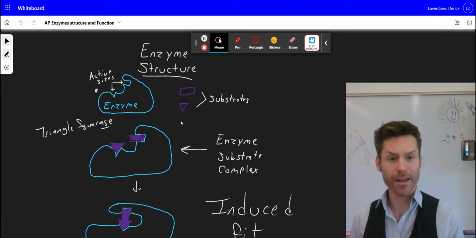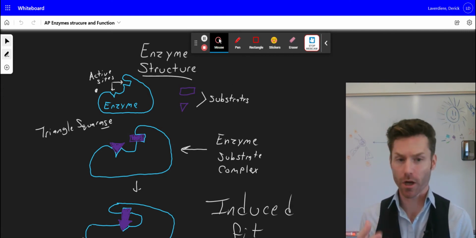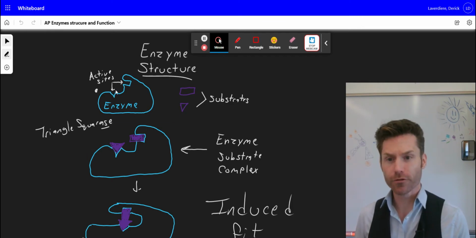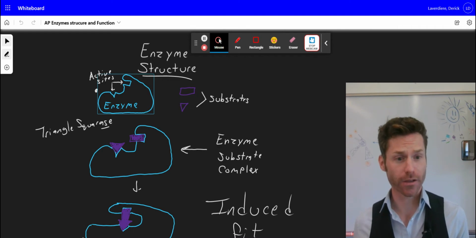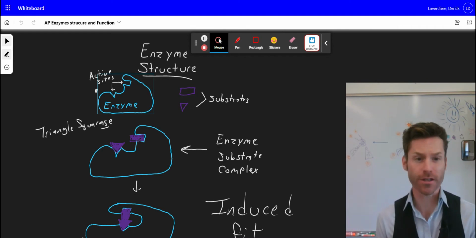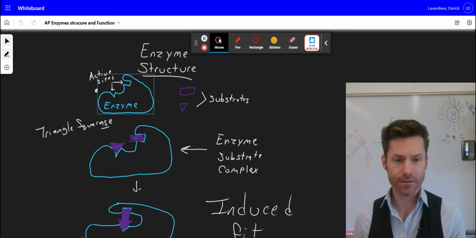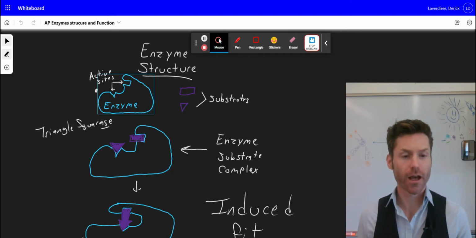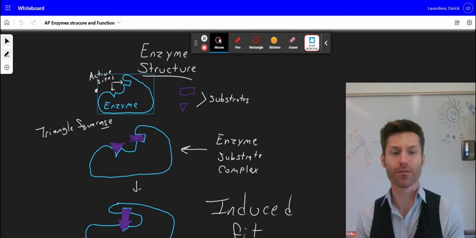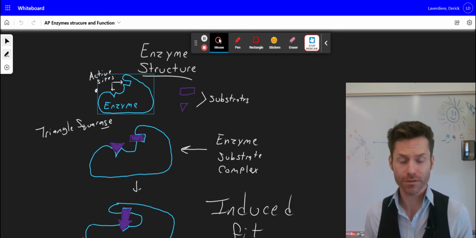But the areas that we're most concerned about when talking about enzymes are the regions that are actively engaging with the substrates. Those regions are called active sites. And they are shaped in a way that is complementary to the substrate that they are going to engage with. They're very specific for very specific molecules.